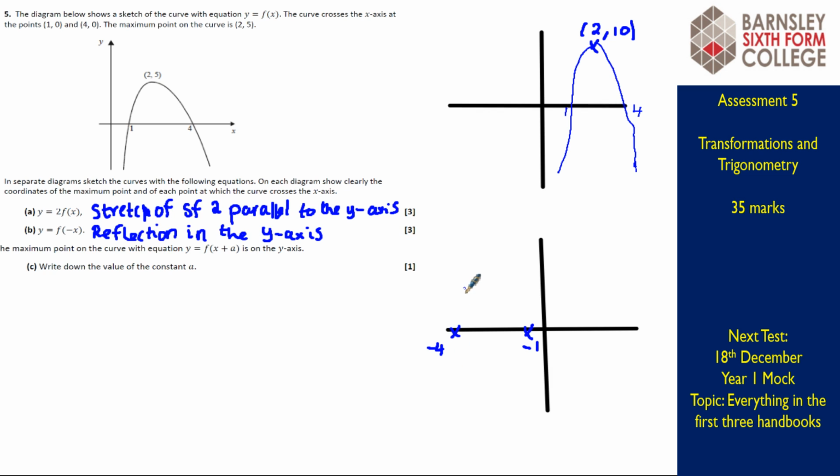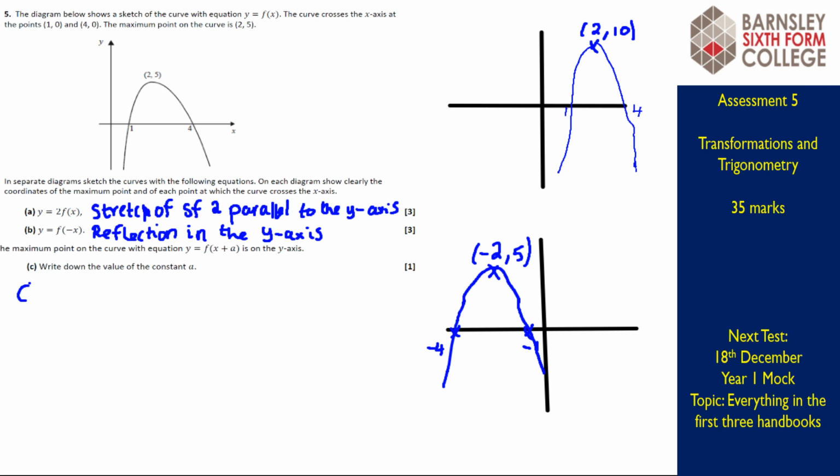Instead of the maximum point being at (2, 5), it's now going to be at (-2, 5). So your 1, your 2 and your 4 have now become -1, -2 and -4 respectively. The y equals 5 is still y equals 5 because it's a reflection in the y-axis. Your x's will change, your y's will stay the same.